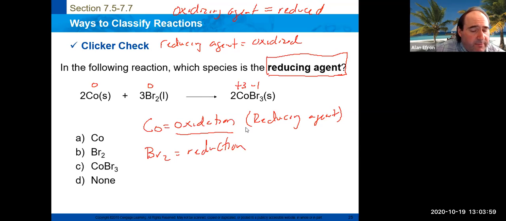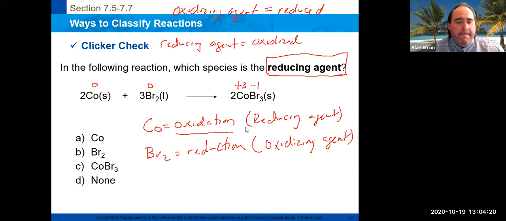And since bromine is going through reduction, the bromine would be the oxidizing agent. So remember, when you're asked about those agents, they are opposite of the name. The reducing agent gets oxidized, the oxidizing agent gets reduced. That means, to answer our question, the reducing agent should be our cobalt. Question on that?